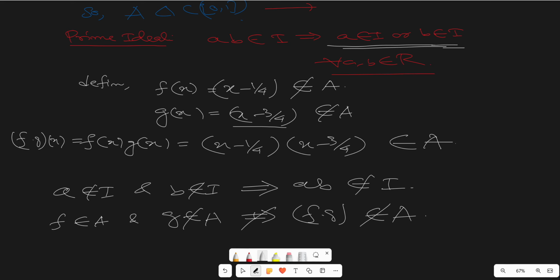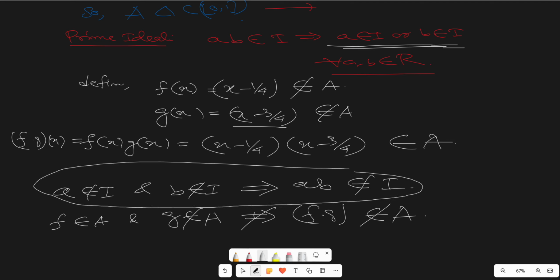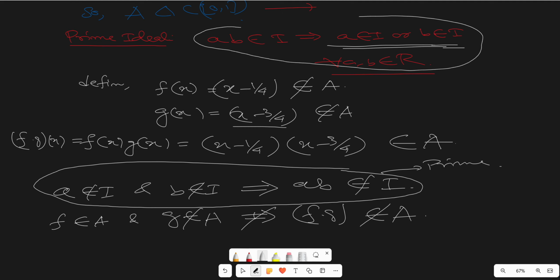This is the equivalent definition of a prime ideal: if a is not in I and b is not in I implies ab is not in I, then we say that I is a prime ideal. This definition and that definition are equivalent.